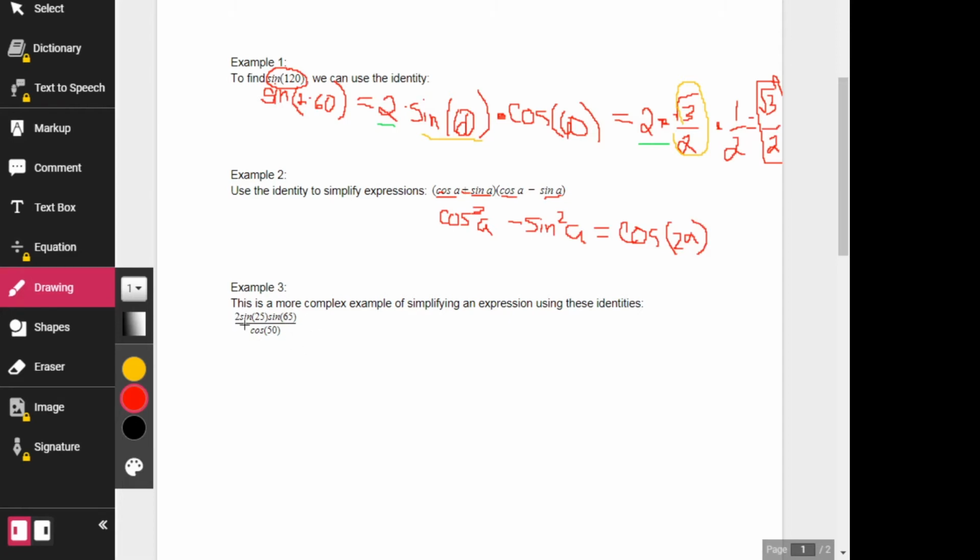So for here, okay, one thing you can notice is that I've got a sine over a cosine, so you might start thinking, okay, I'm looking for a tangent maybe. Also, I'm noticing that I've got two sines on the top, but they're different values.